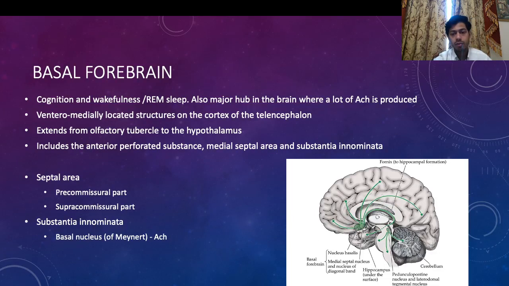The basal forebrain. So the basal forebrain is in the anterior cranial fossa. It is carrying out similar functions to the basal ganglia, but more importantly, it's responsible for cognition and wakefulness alongside REM sleep. So if you don't know what REM sleep is, it's rapid eye movement sleep.